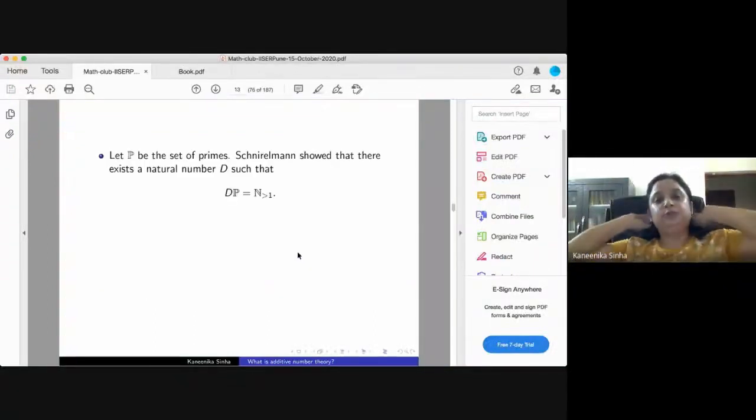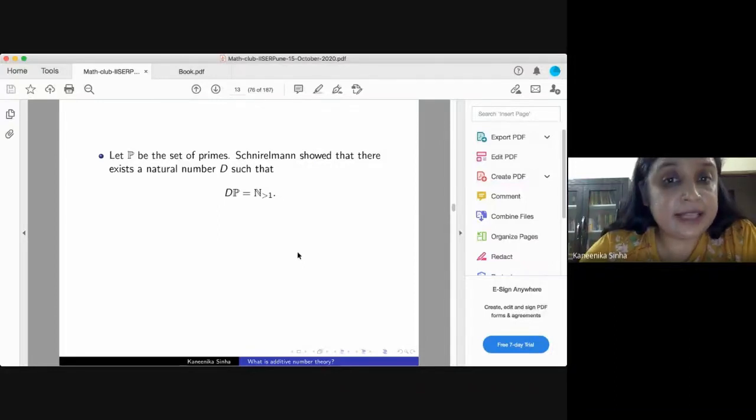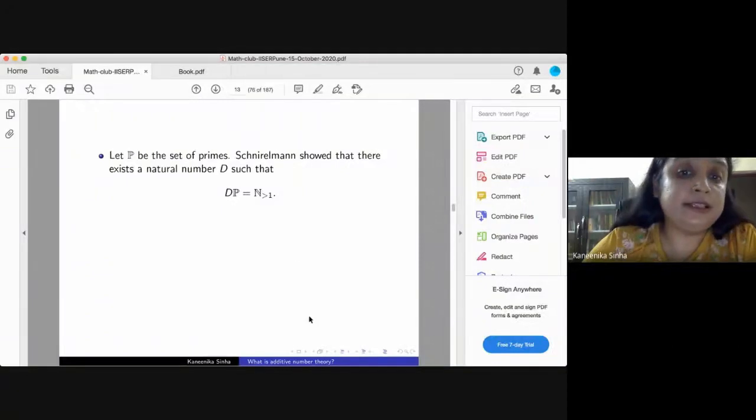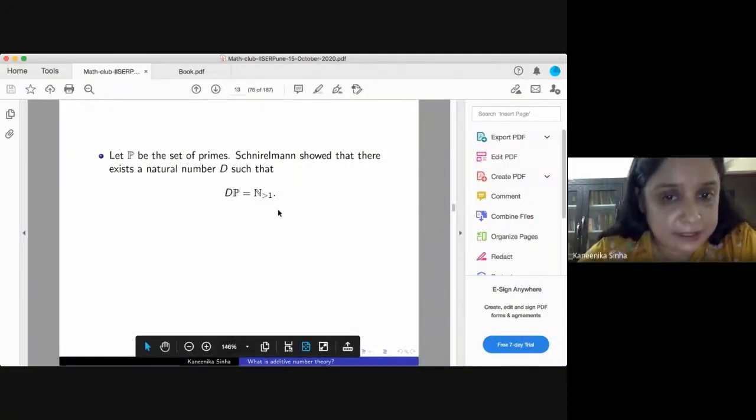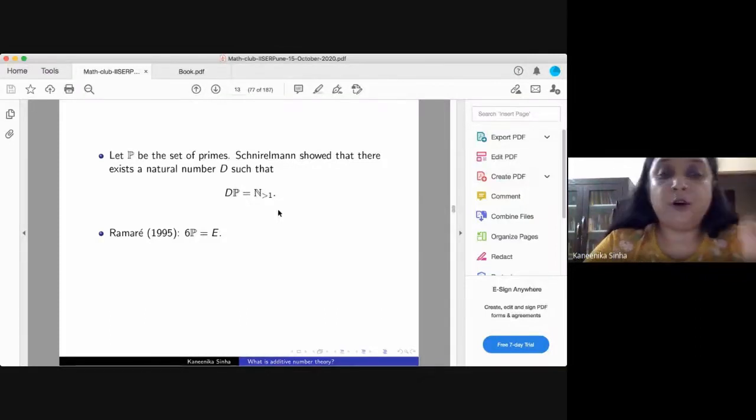Now, coming back to the Goldbach problem, let P be the set of primes. Schnirelmann showed that there exists a natural number d such that d times P is equal to the set of all the natural numbers, but of course strictly greater than 1. And now in this new language, all the previous theorems that we studied can be rewritten.